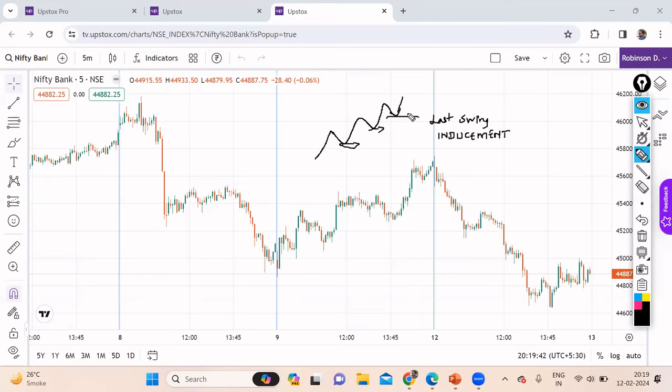So when the SL is shifted here, as soon as this high breaks, you know that people will keep their SL here. And what the market does, when it has to continue to be bullish, is take their SL and then continue to go up. So this level is known as inducement.